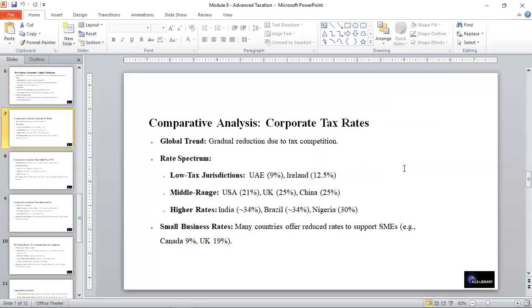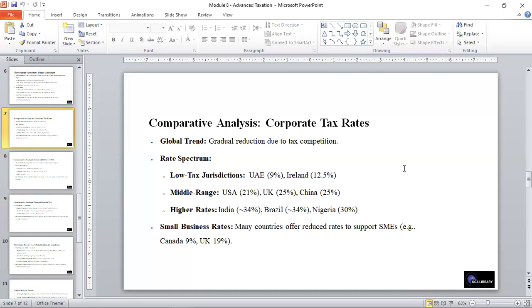In comparing these, we see a gradual reduction due to tax competition and global trends. As per the rates spectrum, the low tax jurisdictions are the United Arab Emirates with 9% and Ireland with 12.5%.